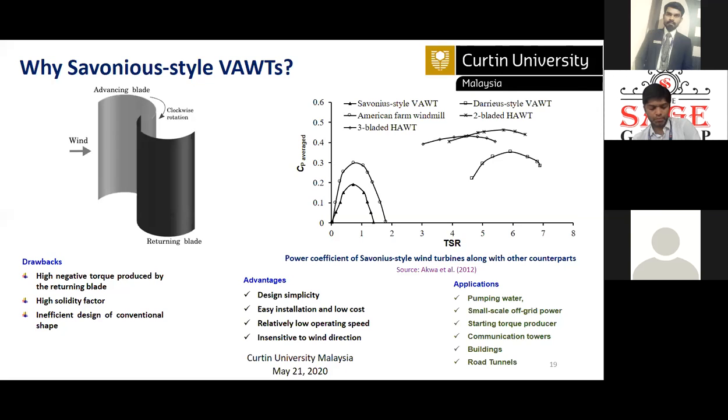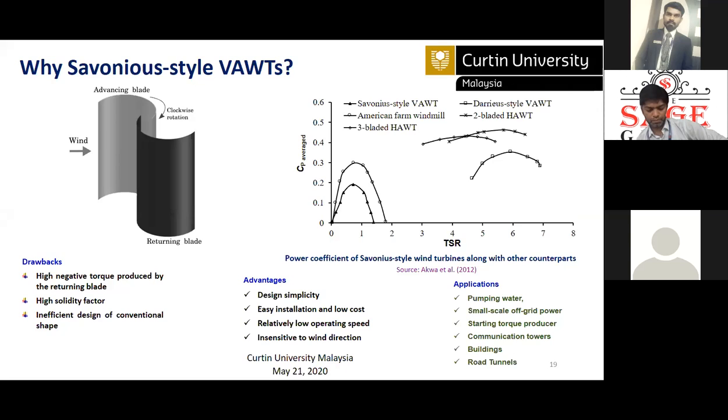Then we identified some of the advantages: the simplicity in design and easy installation. Then obviously, as a vertical wind turbine, it is insensitive to wind direction. Application wise, we have some good applications of vertical Savonius type wind turbines. I remember I reviewed a paper in 2018 or 2019 from Italy.